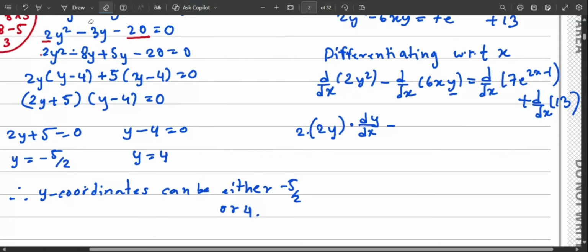Using the product rule, we will take 6x and we will differentiate y, which will give us 1 into dy by dx. Then we will add y into the differentiation of 6x, which will be equal to 6 into 1.